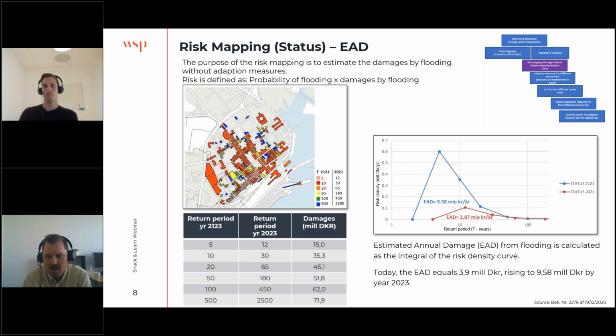With this risk density curve, we can estimate the estimated annual damage today, in this case, almost 4 million Danish kroner per year, rising to almost 10 million Danish kroner per year by the end of the century or in 100 years from now. So could you switch again, Jens?